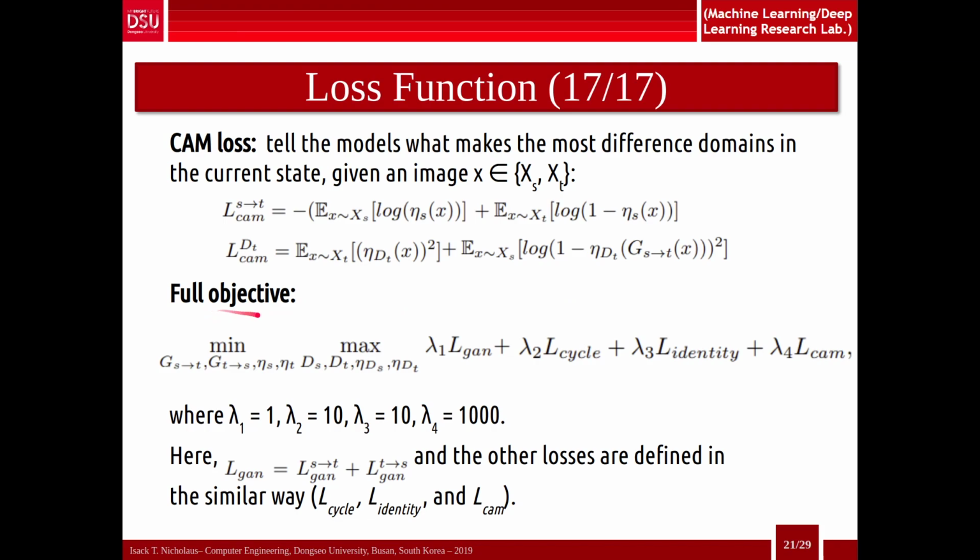And at last we have the full objective function. The full objective function is a combination of all the loss functions that we have discussed. So we have four loss functions: GAN loss, cycle loss, identity loss, as well as CAM loss. We also have penalty constants, which are hyperparameters, numbered 1 up to 4 with different values.